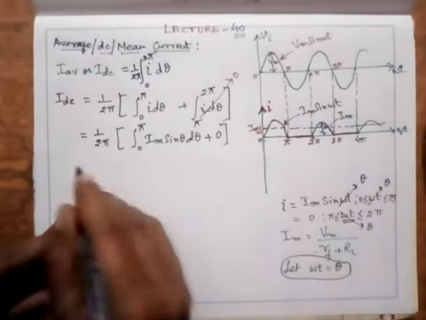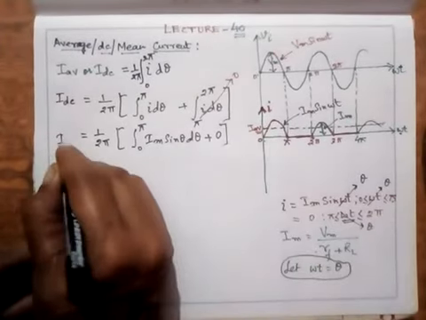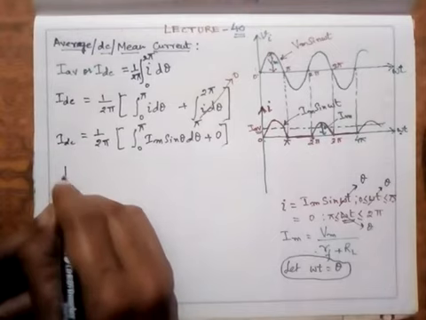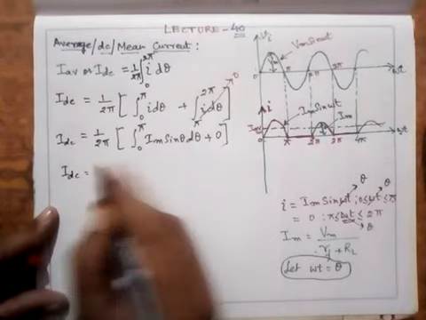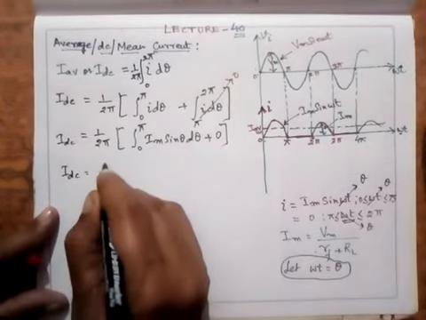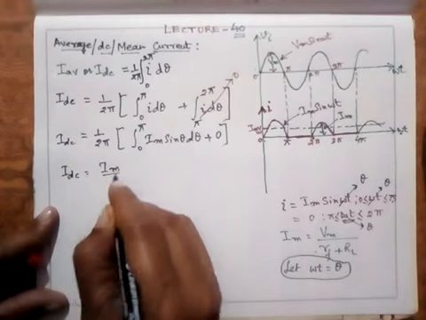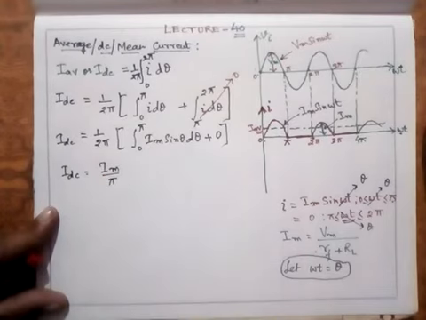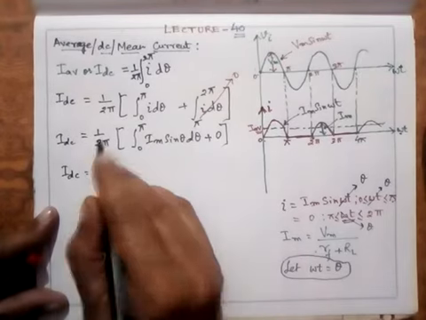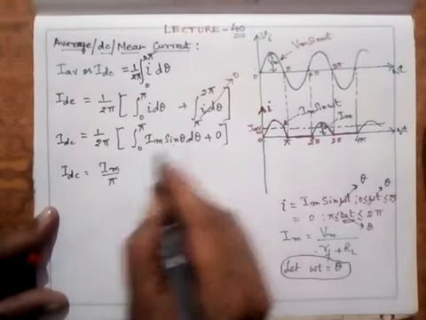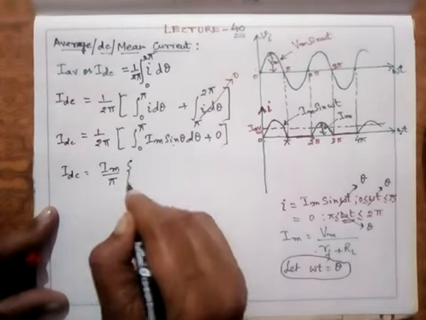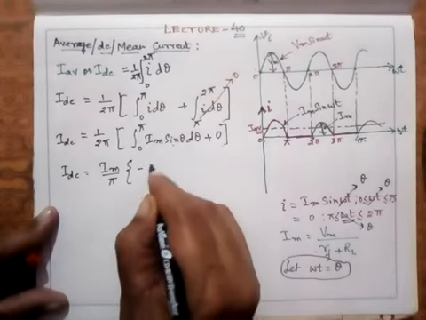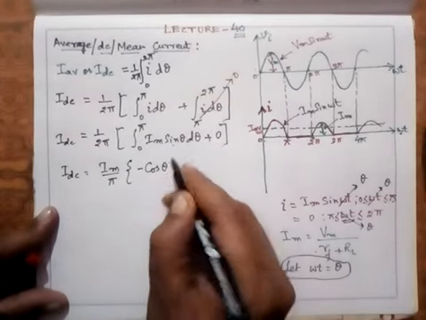Now it is simple trigonometrical functions that I have to solve. I DC is equal to, I m is constant, so it is I m upon pi. Integration of sine theta will be minus cos theta.